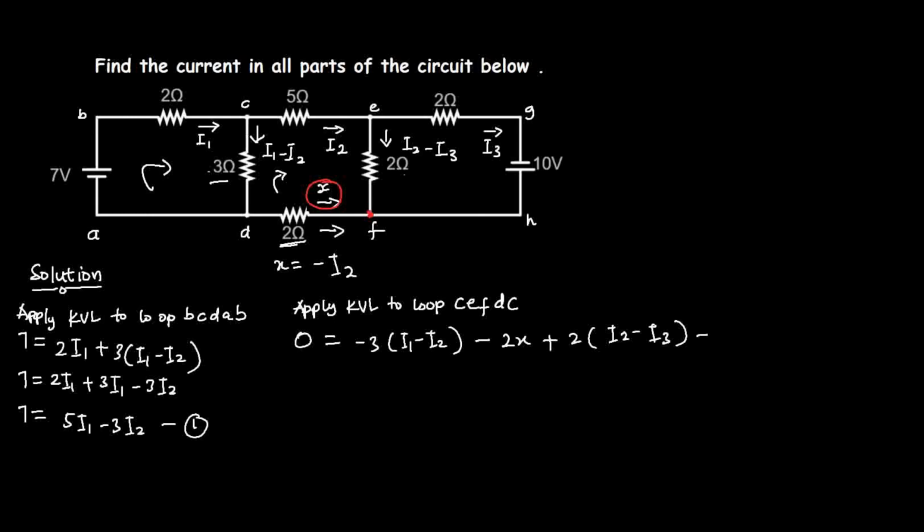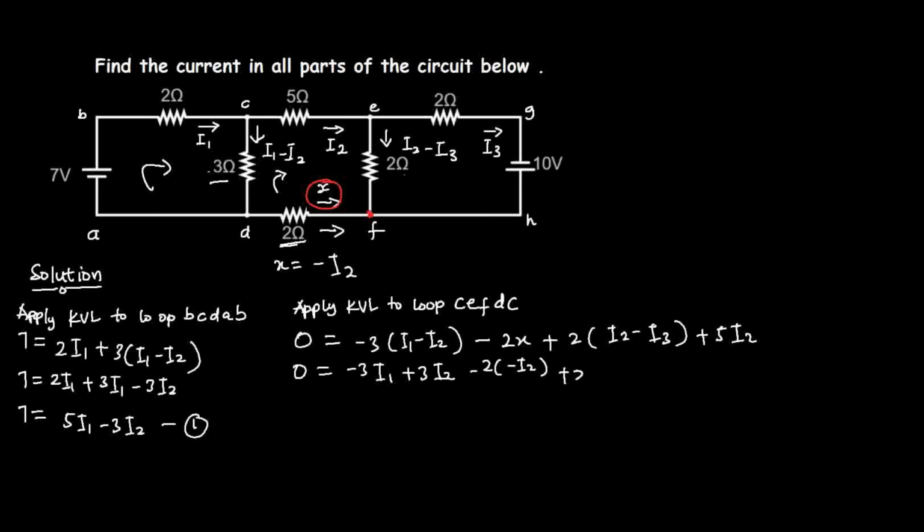And then plus 5I2, which is also positive. Okay, so let's simplify this. This will give me 0 equals minus 3I1 plus 3I2 minus 2x. Okay, we know x equals what? Minus I2. So that will be 2 multiply what? Minus I2.